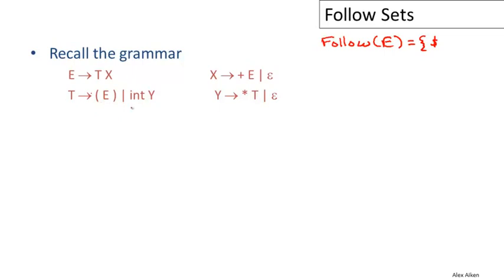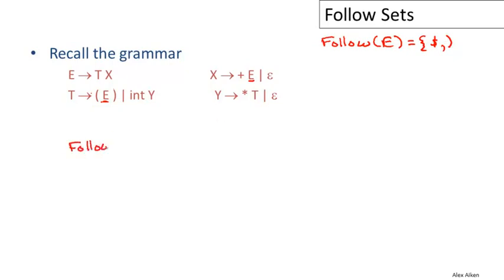So here is a place where E is used, and we can see that it is immediately followed by a terminal symbol, so certainly close paren is in the follow of E. And there's one other place where E is used, over here, and it appears at the right end of a production, and so we know that anything that's in the follow of X is also going to be in the follow of E. That's a constraint, and so we'll write that down over here.